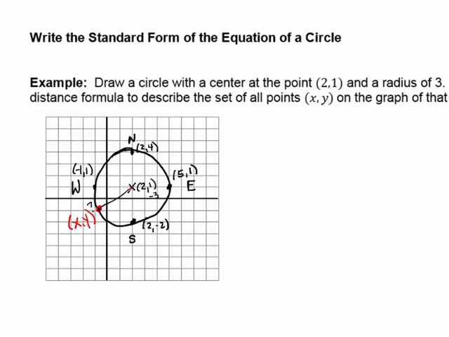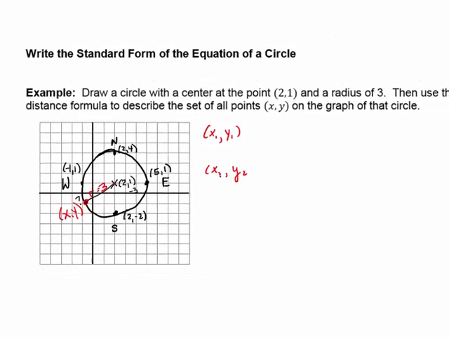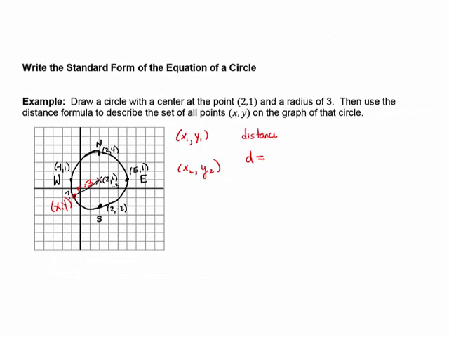What's the distance between (x, y) and (2, 1)? 3, good. So if we have a point (x1, y1) and a point (x2, y2), and we want the distance between them, d equals the square root of (x2 minus x1) squared plus (y2 minus y1) squared.